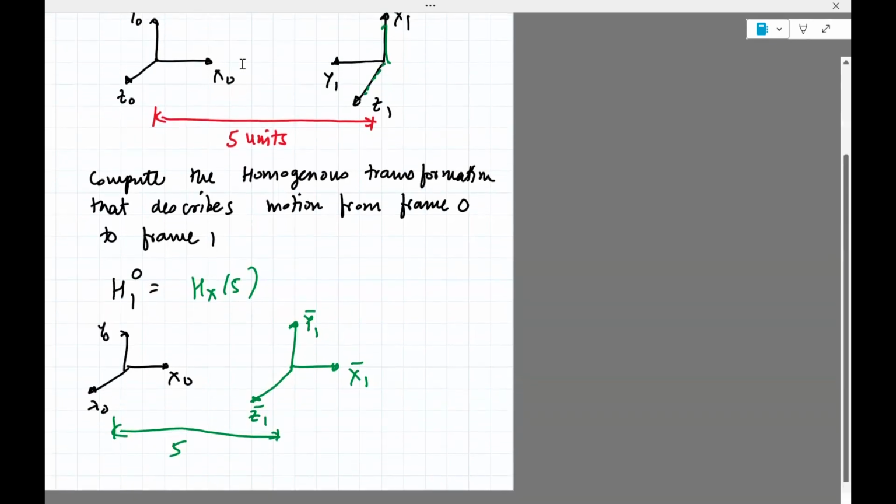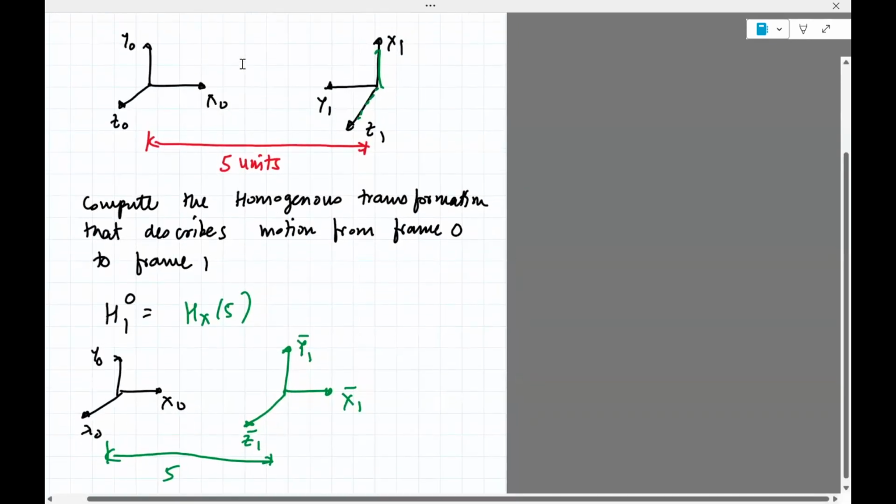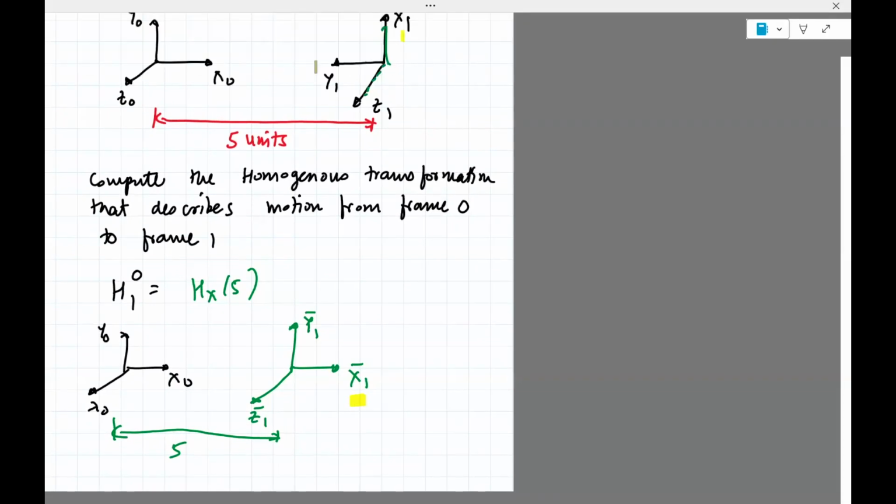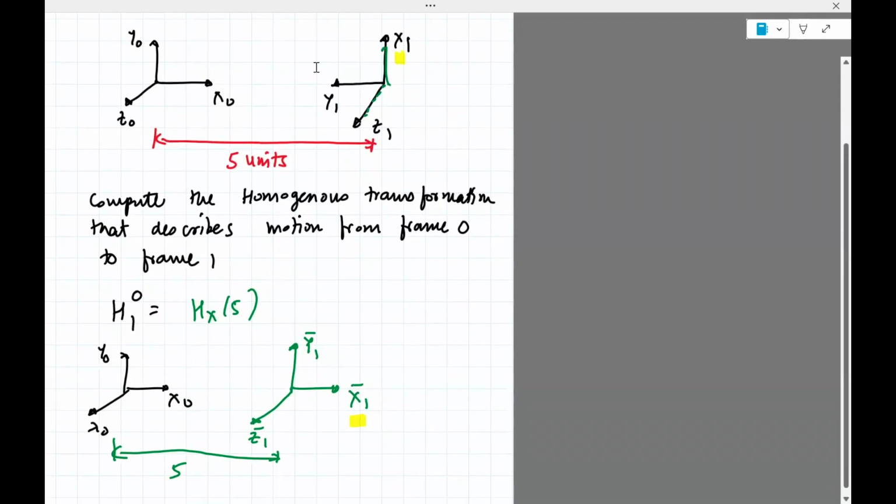Okay, now after we did this, in order to go from this configuration to this configuration, what needs to be done, and you can observe this, is a 90 degrees rotation, right? It's a 90 degrees rotation about the positive z1 axis. So imagine there's a z1 axis here.